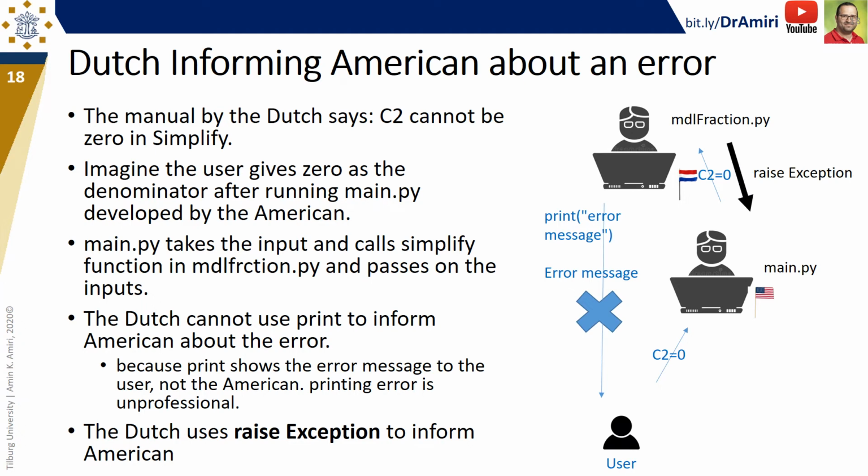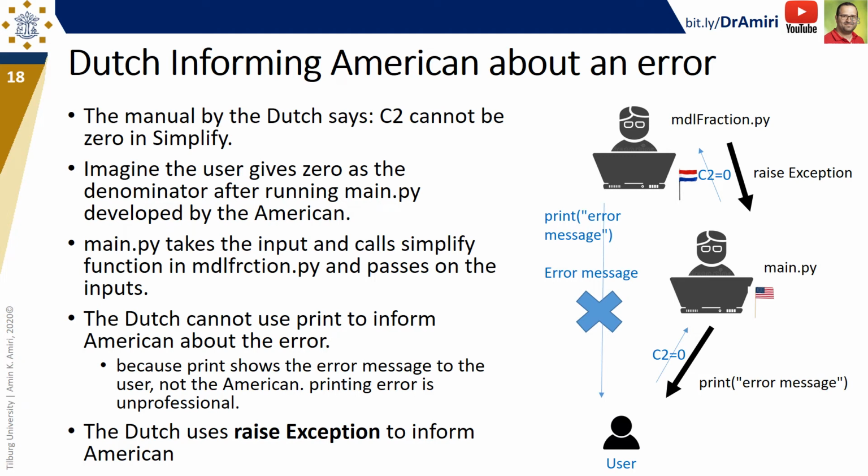So you need to use raise exception, and with raise exception, the Dutch programmer is talking to the code written by the American programmer. And then the American programmer can see what type of error message occurs, and he uses try except to print an error message that is customized for this user. So it's unprofessional for the Dutch programmer to print an error message.